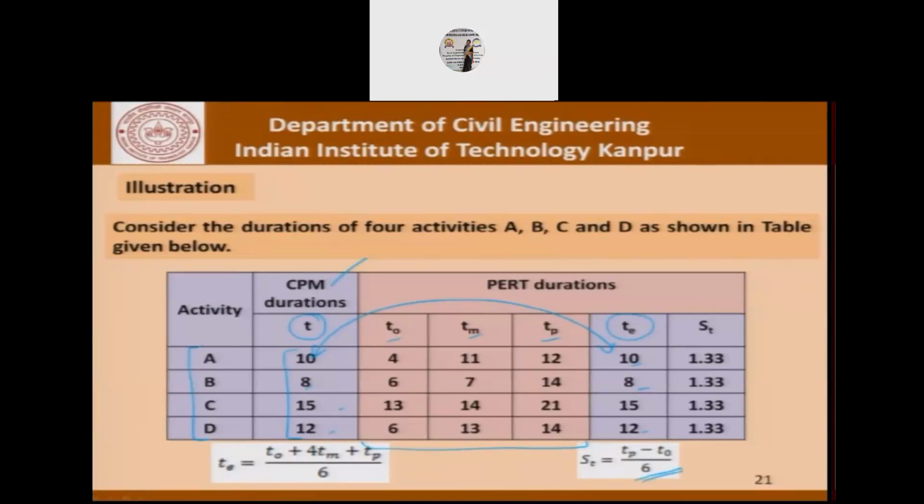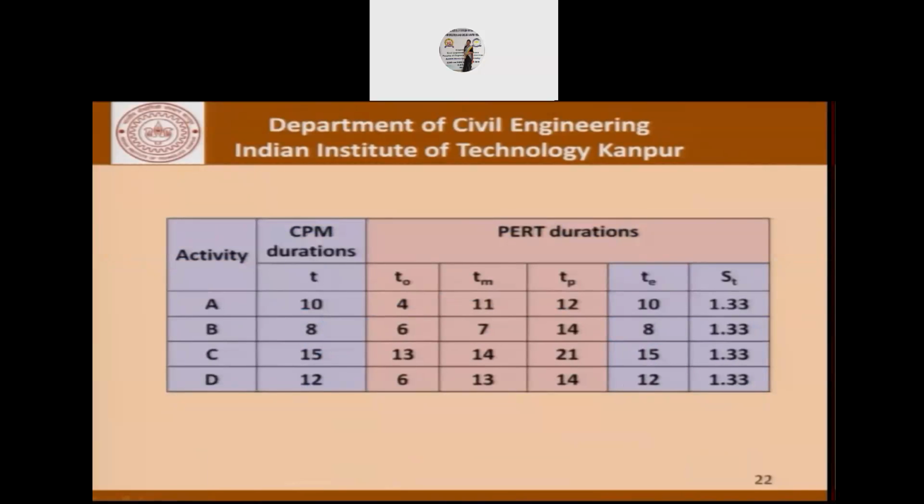Similarly, using this equation here, we've calculated the sigma T associated with each of these activities. So if we examine this table closely, we find that for activity A, this TO is a little bit of an outlier. These two times are fairly close to each other, but TO is the optimistic time. In the case of B, this number here, that is the pessimistic time, is the outlier. And for activity C again, this is the outlier and this is the outlier here.